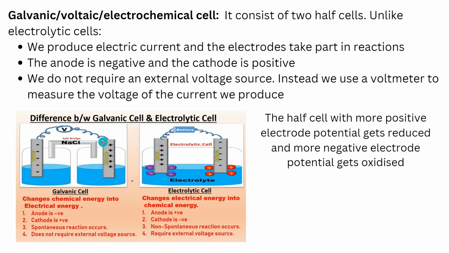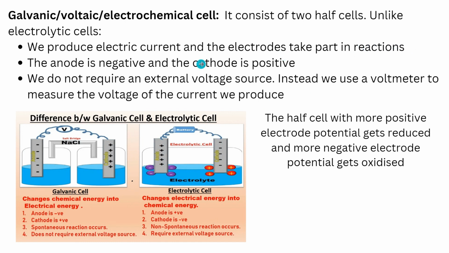And we are producing electricity, the flow of electrons, and which metal dissolves depends upon the electrode potential of the two half cells. We're going to study that later. Unlike electrolytic cells, we produce electric current, and the electrodes take part in the reactions.